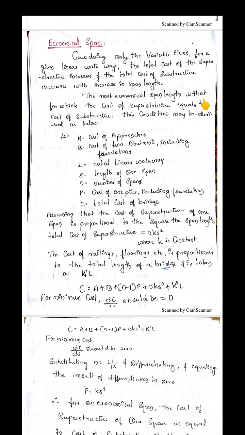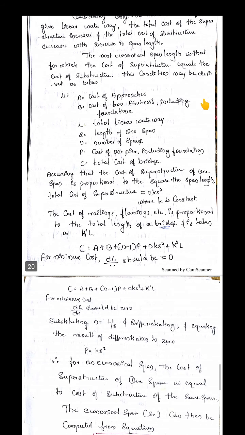So we should make the cost of construction of superstructure equal to the cost of construction of substructure. That is, dC by dS should be equal to 0. We differentiate the total cost with respect to span. Differentiating A with respect to S gives 0, because the differentiation of any constant is 0.